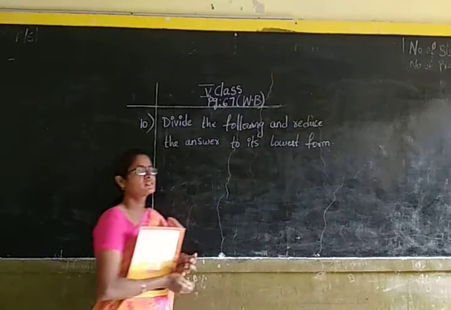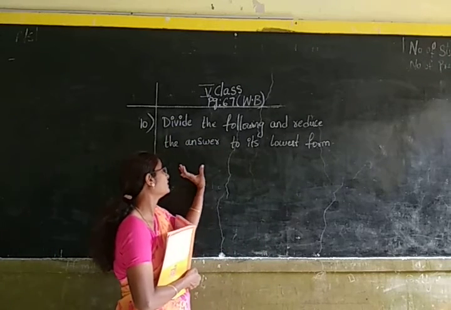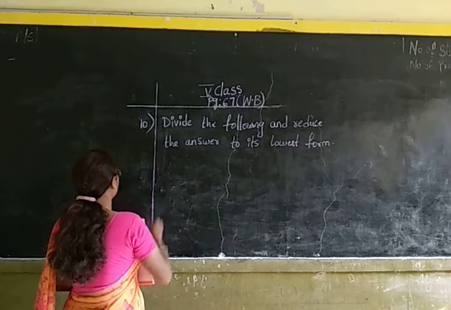Okay children, did you understand? The question is: divide the following and reduce the answer to its lowest form. Let us do the A sum.